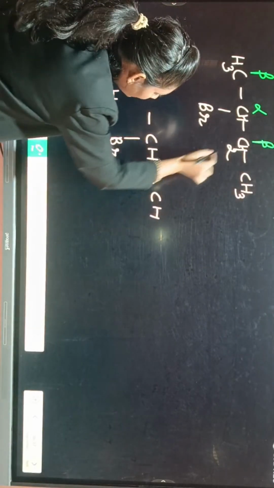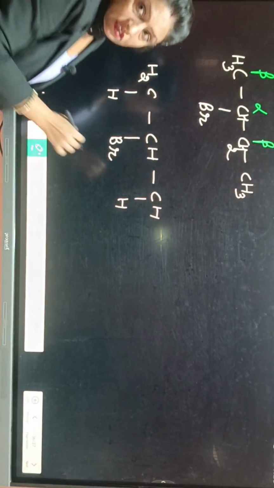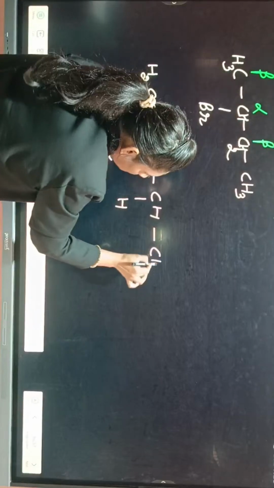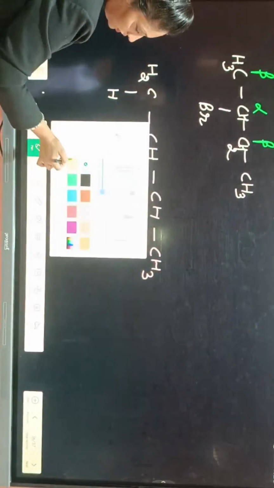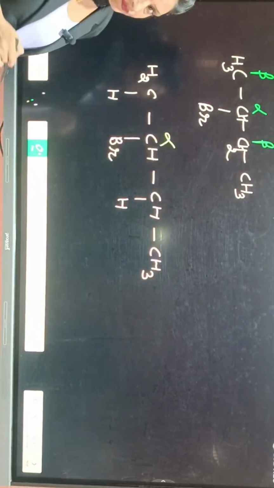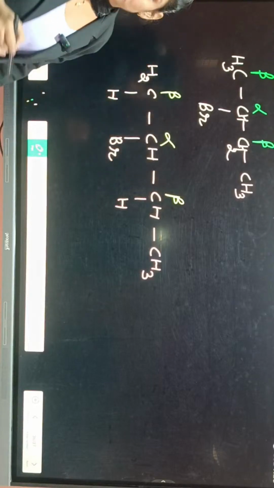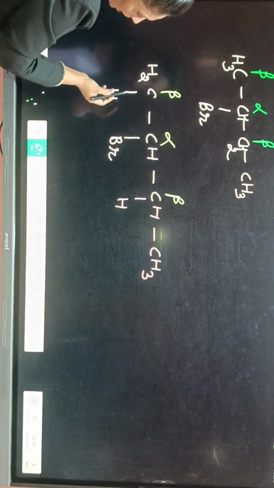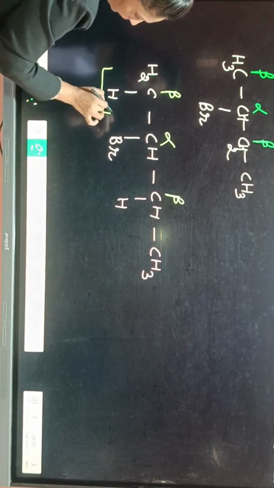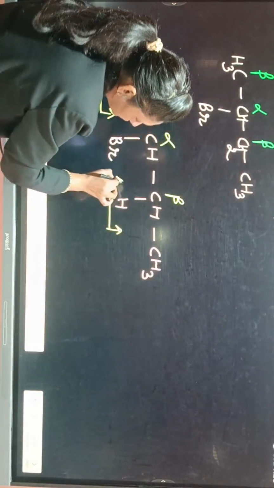This one, CH, one hydrogen, open structure we can write. Then CH3. This one is the alpha carbon and this beta. This beta. Okay. Yes. Then students, hydrogen we can eliminate either from this or from this.